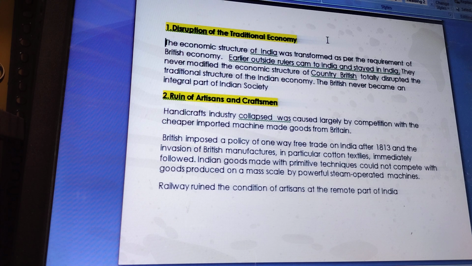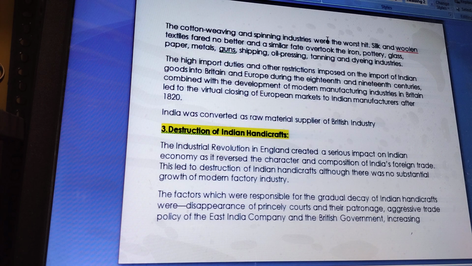After the Industrial Revolution in England and European countries, India was converted to meet the requirements of the British economy. The agricultural products required for their industry were forcefully produced in India, and raw material was transported from India to England for manufacturing.